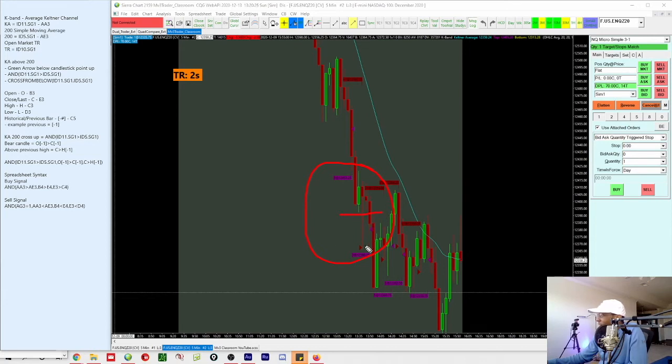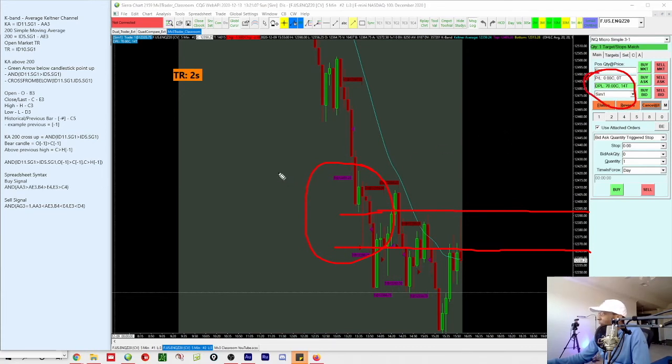That's where I would have got in the trade, but because it's back testing, it put me on the actual close, which is down there. So that's a good 20 points that it missed out on right there because it's back testing. So this is what I mean by you have to take your back test with a grain of salt. This is not the real number of how this strategy would have worked out.